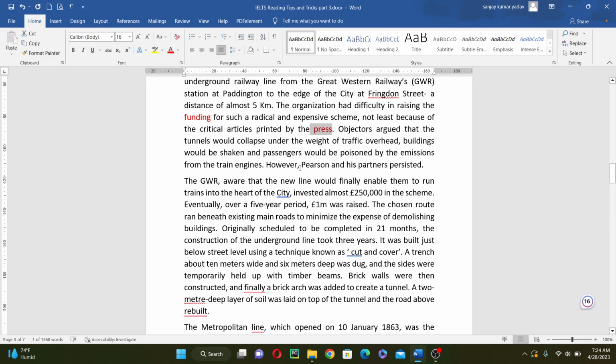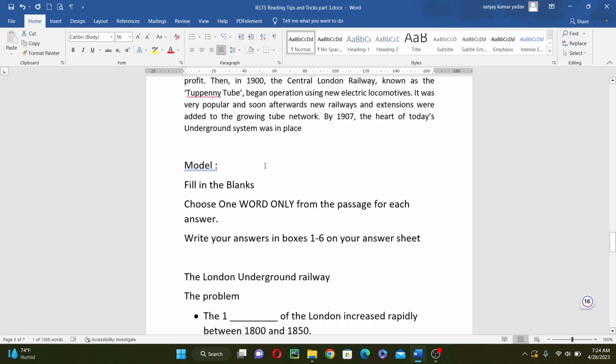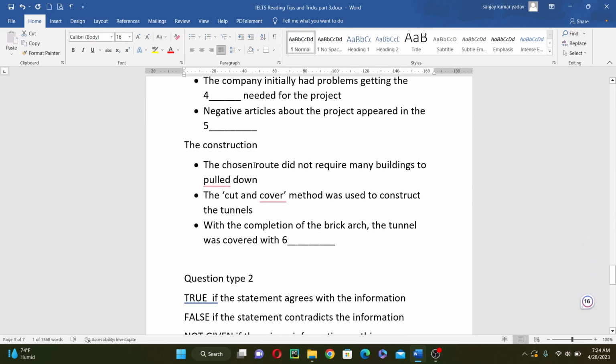Objectors argued that the two tunnels would collapse under the weight of the traffic overhead, buildings would be shaken, and passengers. Well, I don't think that you can find the answers below, but of course, I think the press would be the answer. So definitely, some negative articles. I mean, the articles are written in the press, so the press would be the answer. Appeared in the press. Okay.